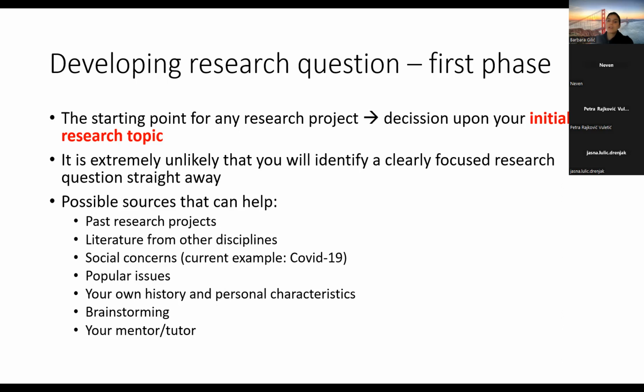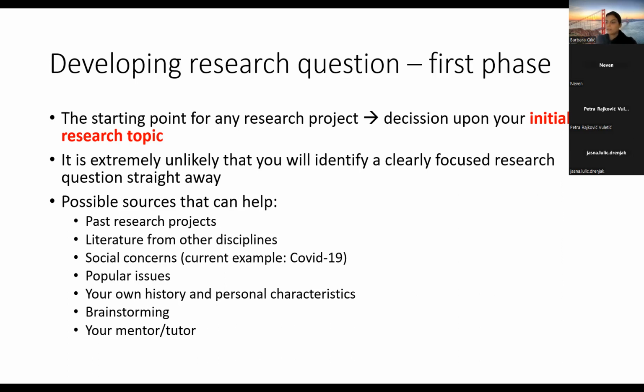Also, you can try to find literature from other disciplines. For example, you can find other papers which conducted similar research but in other disciplines. For example, with this COVID-19 pandemic example, you can find your question in the medical sciences and not about physical activity only.